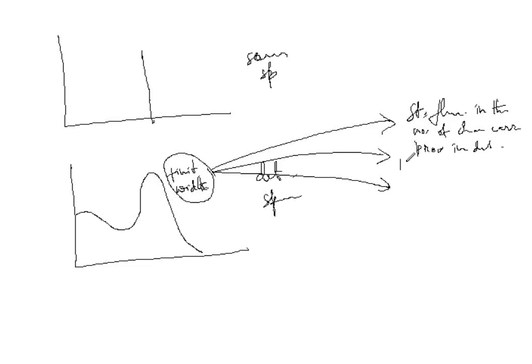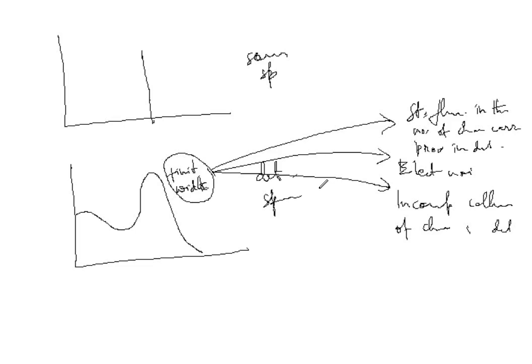Number two, electronic noise in the detector or in the electronic system, say amplifier, preamplifier. Number three is incomplete collection of charge in detector. Right, so we have a finite width.